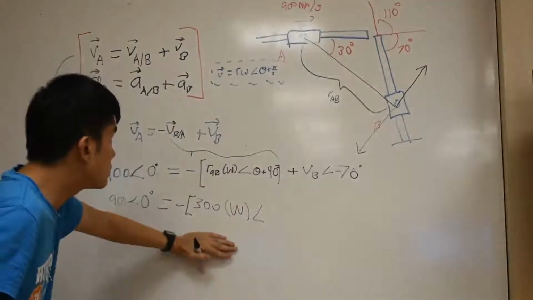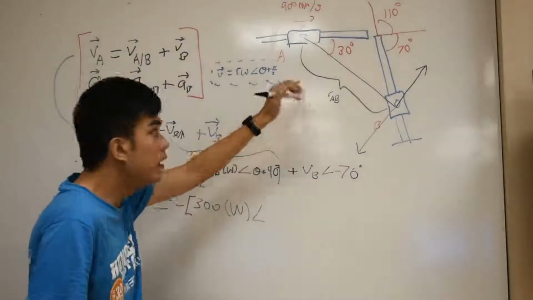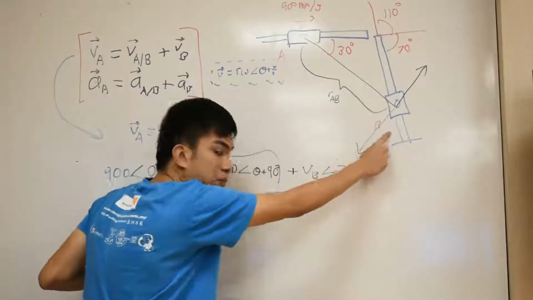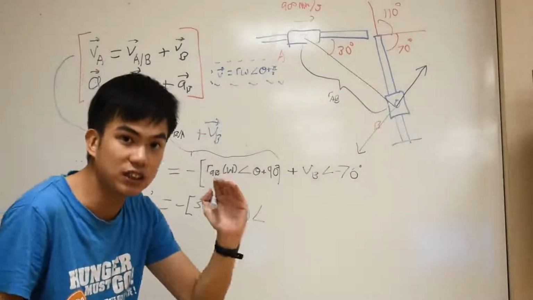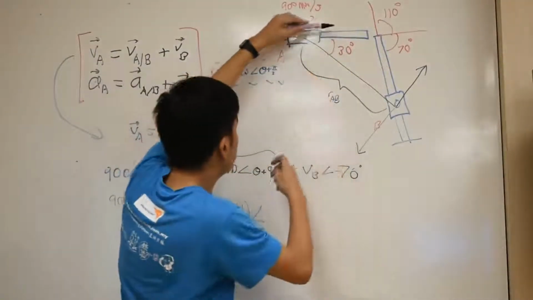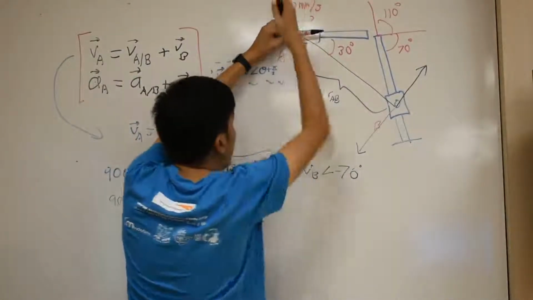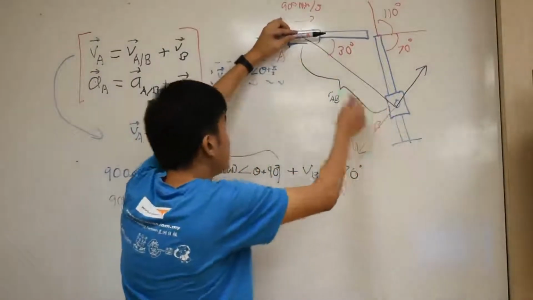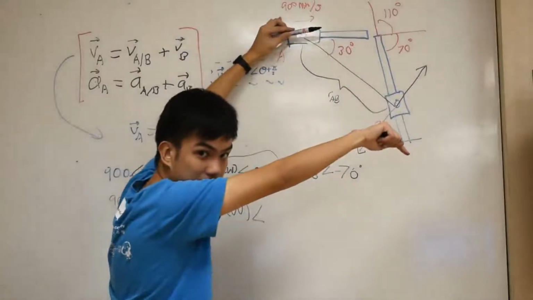So in this case, if we were to view B from A, the position vector of corner B with respect to A is actually negative 30 degrees, right? Imagine that there's an xy axis here, and basically this is corner B. So the position of B with respect to A is negative 30 degrees.